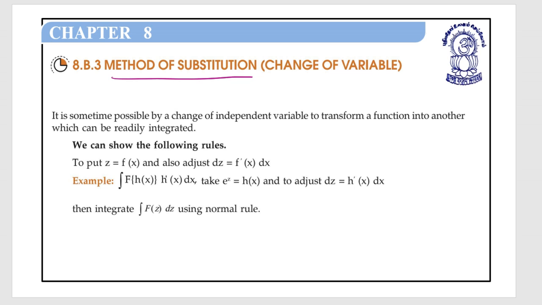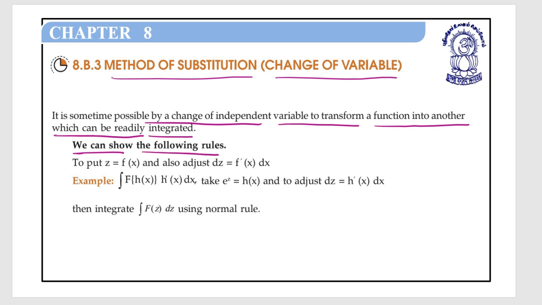Method of substitution, change of variable. It is sometimes possible by a change of independent variable to transform a function into another which can be readily integrated. We can show the following rules. Put z is equal to f of x and also adjust dz is equal to f dash x dx.